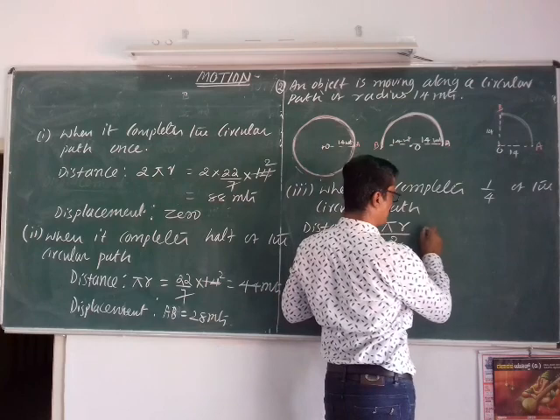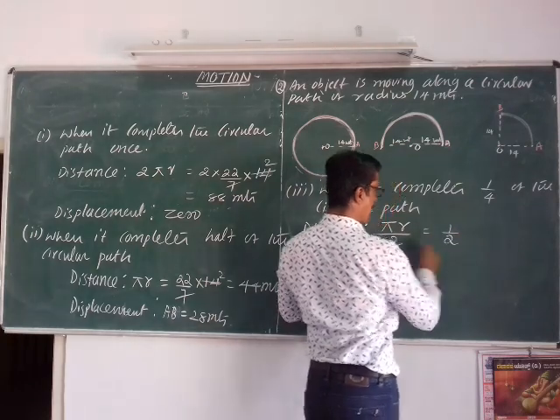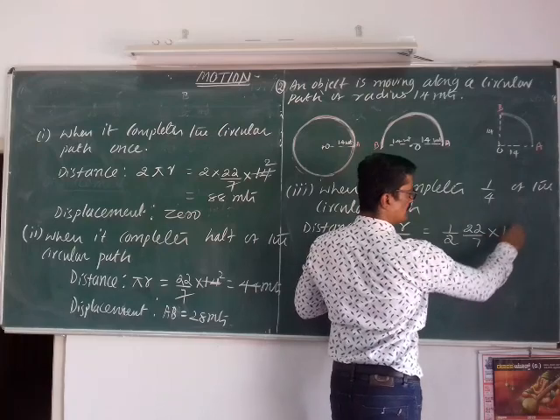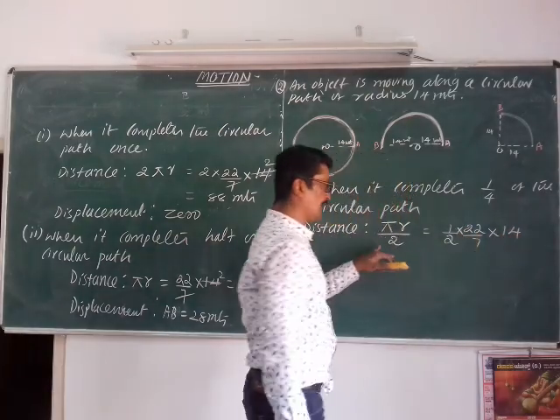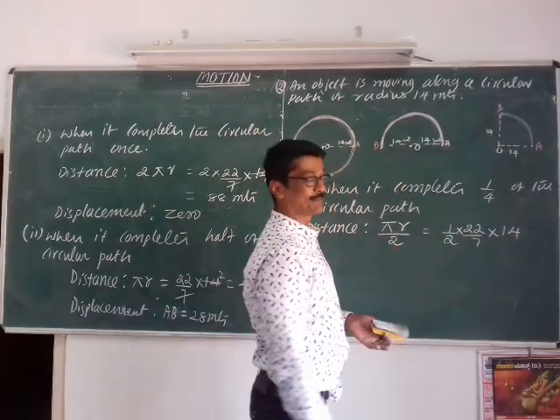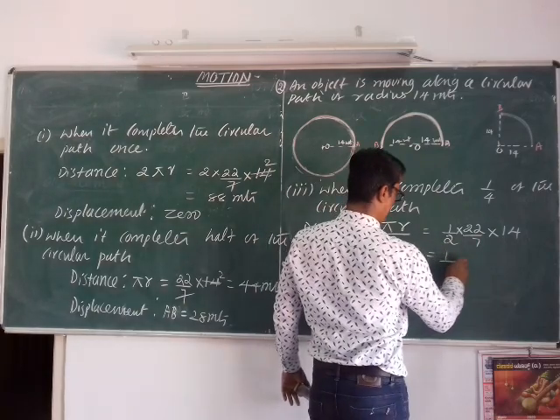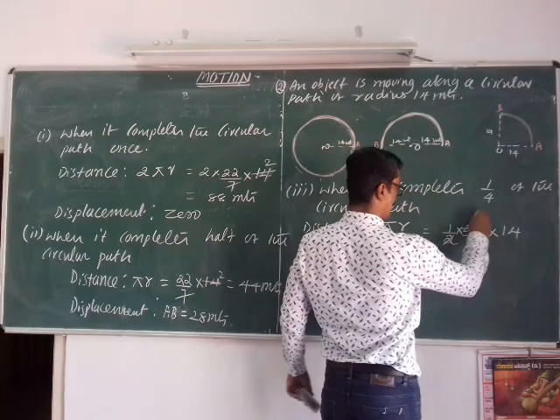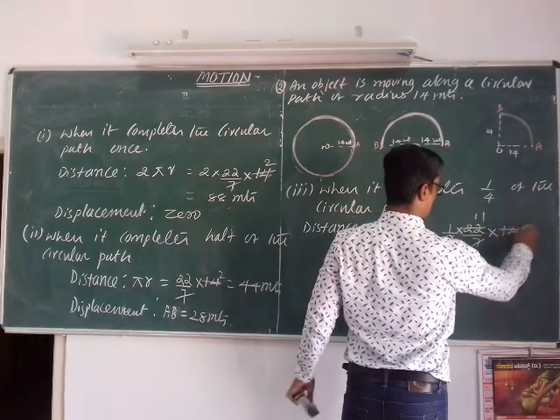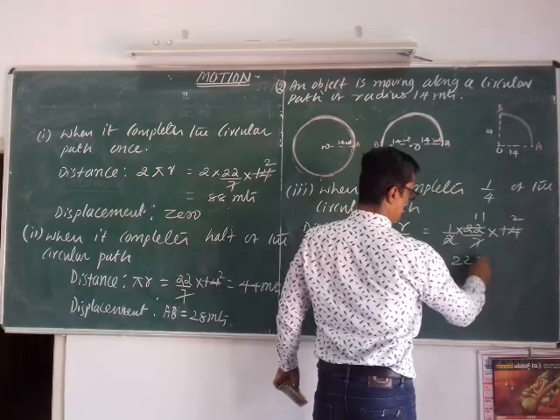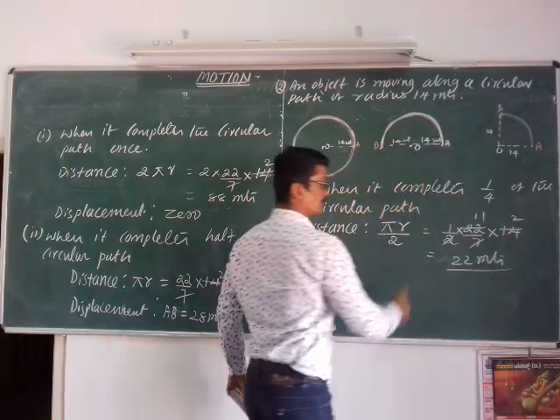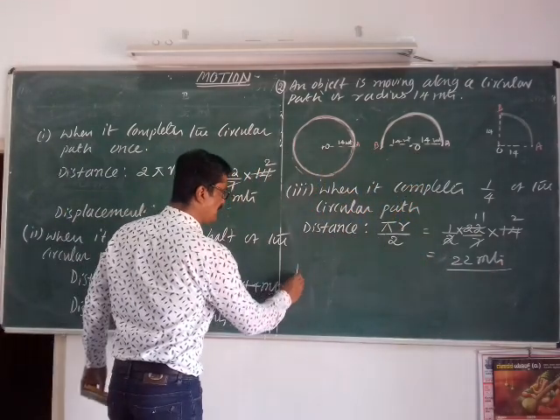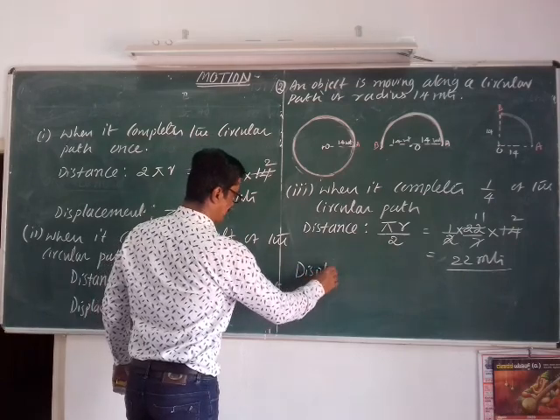So half of pi r, that is 22 by 7 into 14, half of pi r or pi r by 2, that is 22 meters. Then, how much is the displacement?